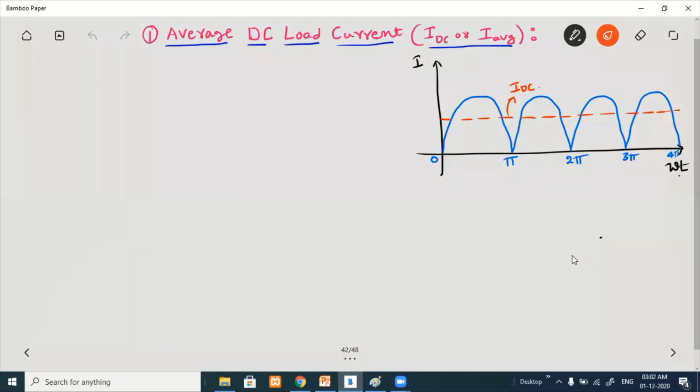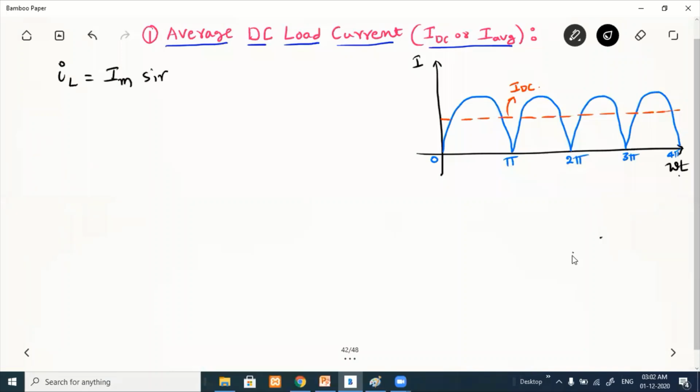So the load current IL equal to Im sin omega t for 0 less than omega t less than pi.